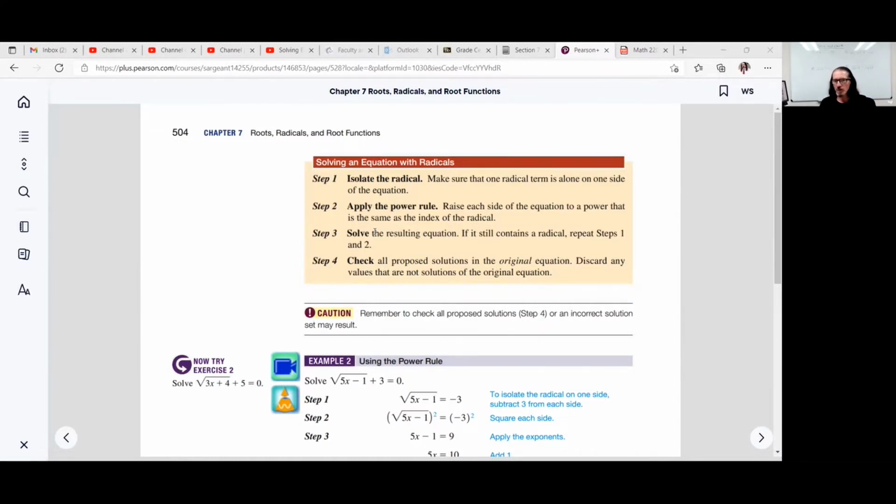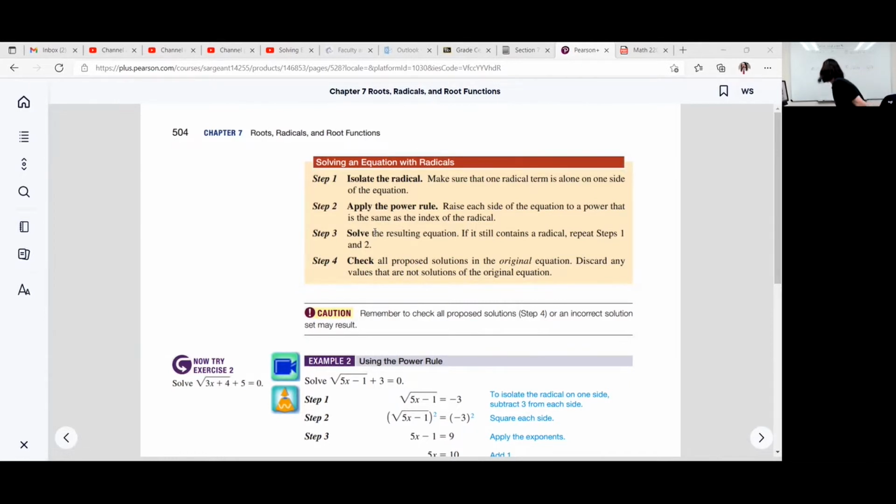All of the solutions to the original equation would be included in a solution to the new equation, but not necessarily vice versa. We're going to see in number 2 here how we have to worry about checking, and in number 3 how we have to worry about isolating first.